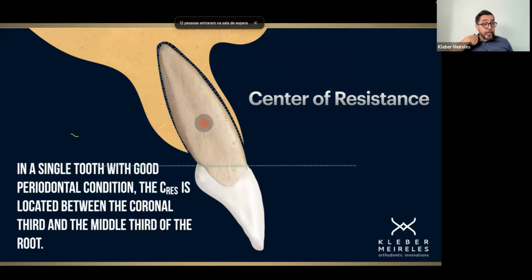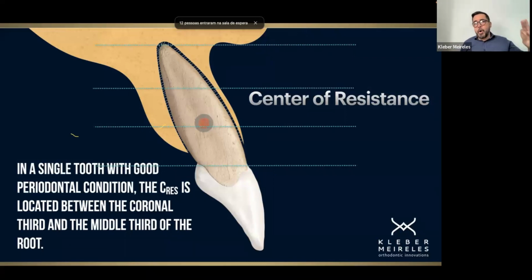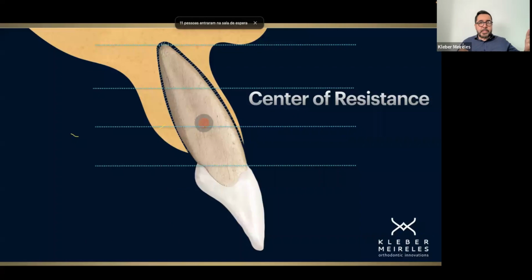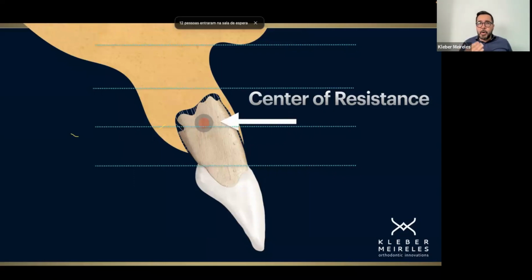In a single tooth with good periodontal condition, the center of resistance is located between the coronal third and the middle third of the root. And this is important because we are treating, on average, good periodontal attachment. If we know the average position of the center of resistance, we will apply our system of force taking this into consideration.